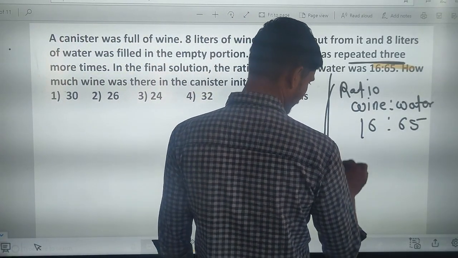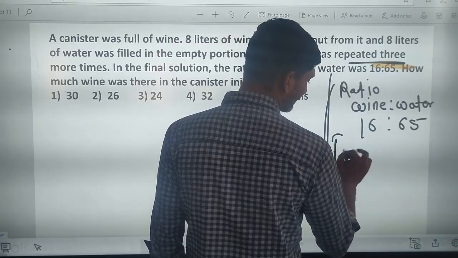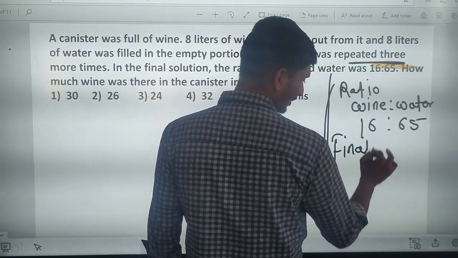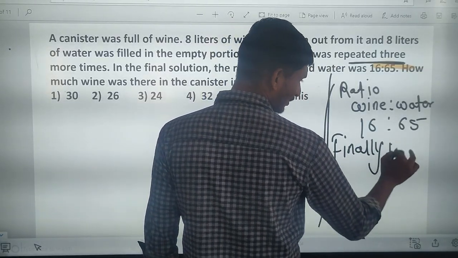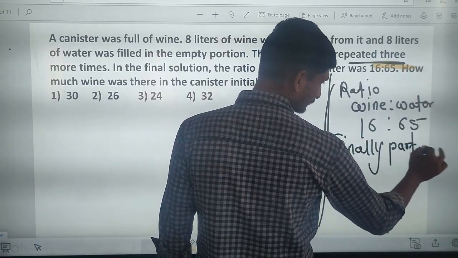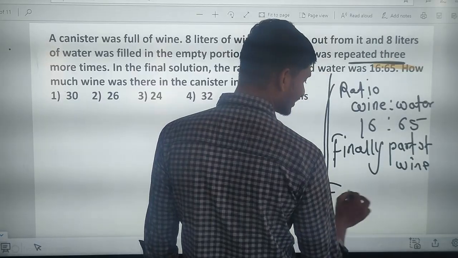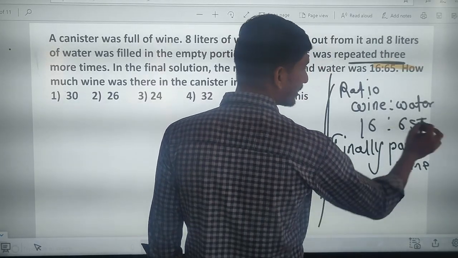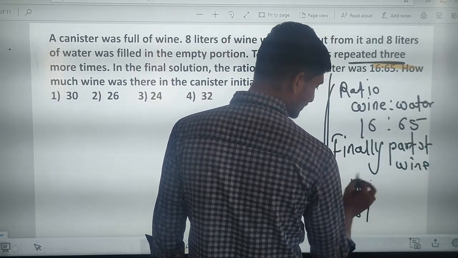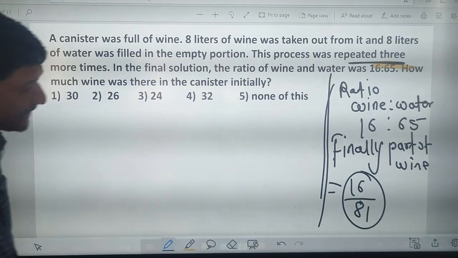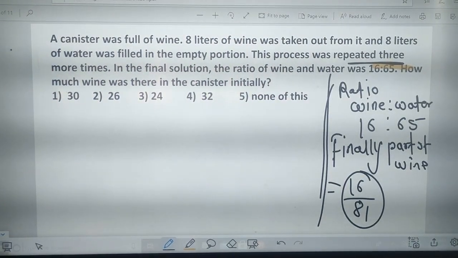Then the part of wine, finally, is equal to 16 divided by the addition of these two, 81. Finally, the part of wine is 16 divided by 81.